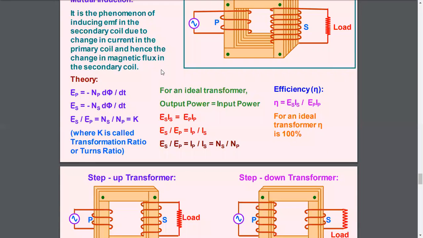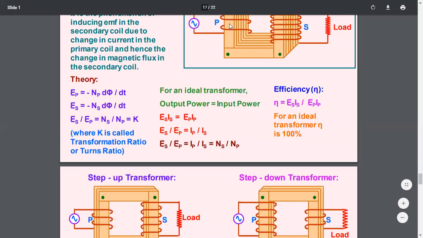So here the EMF induced in the primary coil due to variation of supply current, because the supply current is alternating current, keeps on changing continuously in magnitude as well as in polarity. That's why due to variation of its own current, the EMF induced in the primary coil is given as minus NP into d phi by dt, where NP is the number of turns in the primary coil.